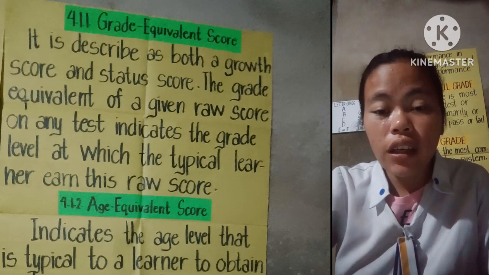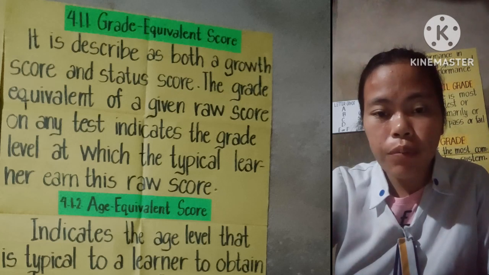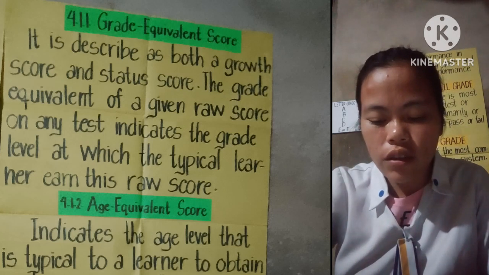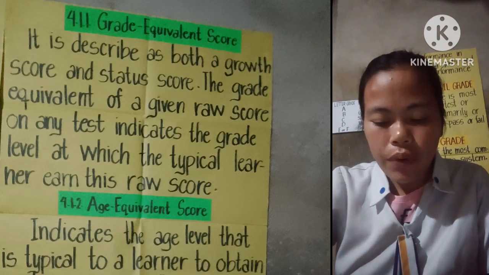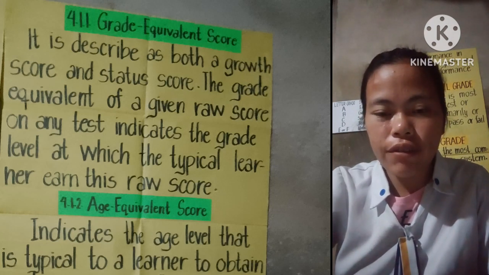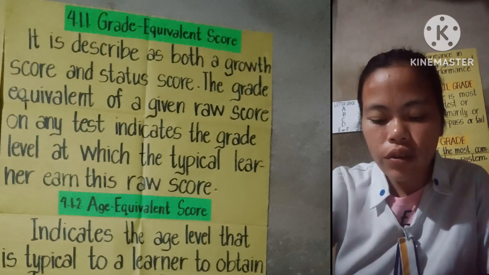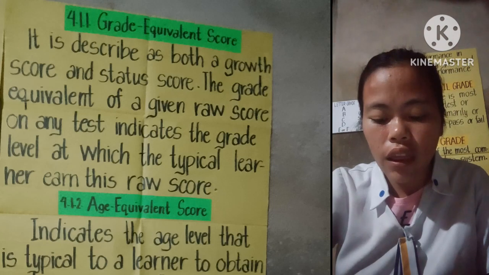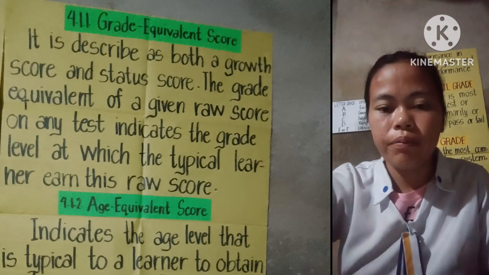So a grade equivalent score is typically reported as a combination of a grade level and a month of semester. For example, a grade equivalent score of 5.2 would indicate that the student's performance is equivalent to the average performance of a typical student in the second month of 5th grade.